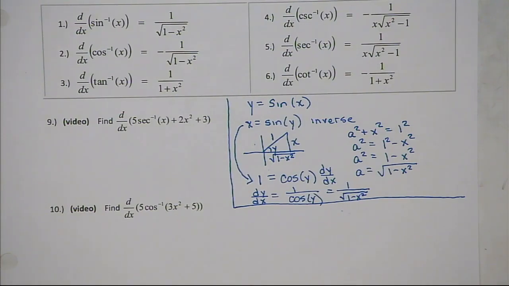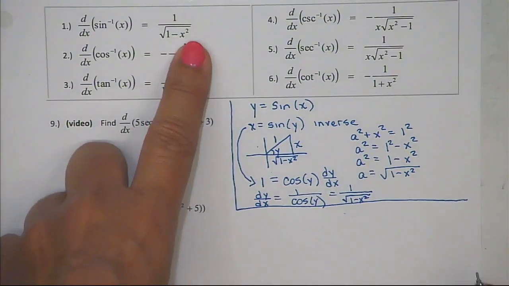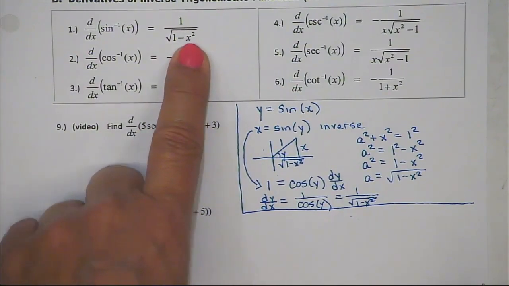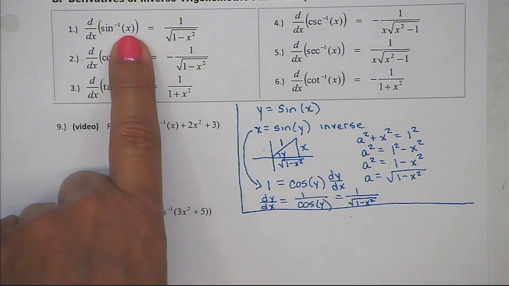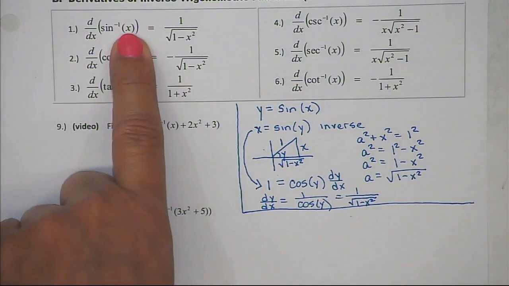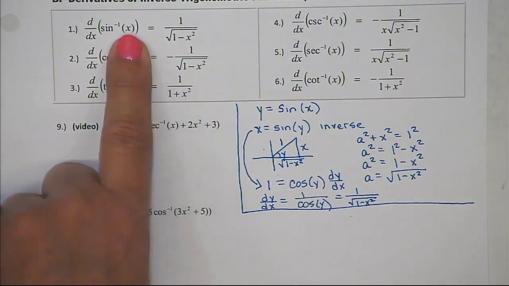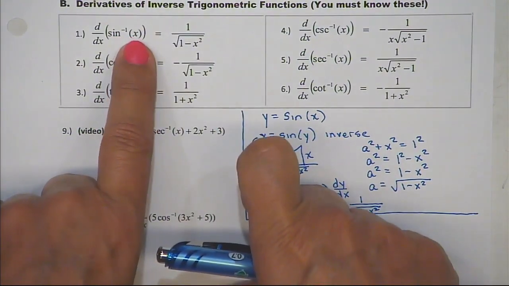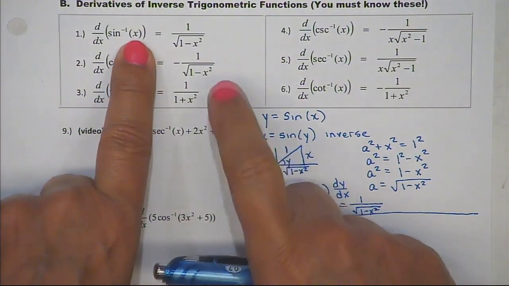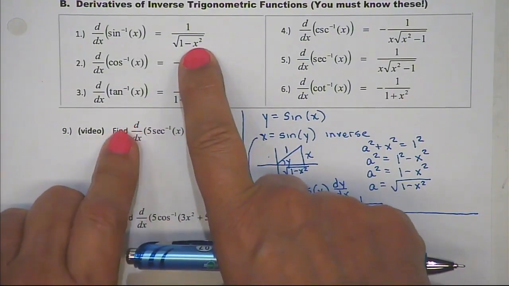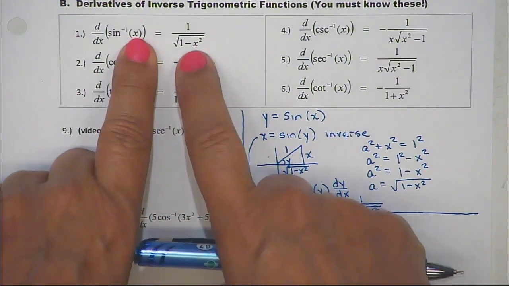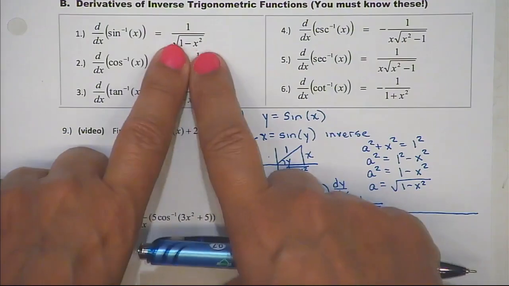The biggest thing I can tell you about these rules is that the x in the formula is for whatever is in the parentheses, the argument of the inverse trig function. If I had the inverse sine of 3x squared, then that x would be 3x squared, and then I have to square that. So whatever the argument is, that's what goes in place of the x. It's not just x.